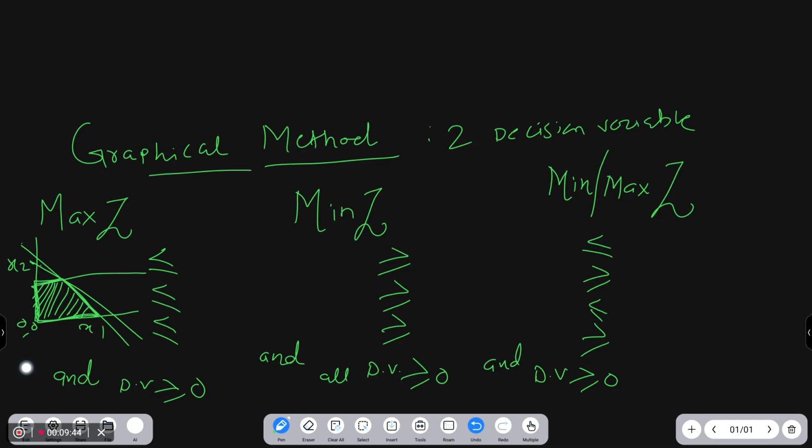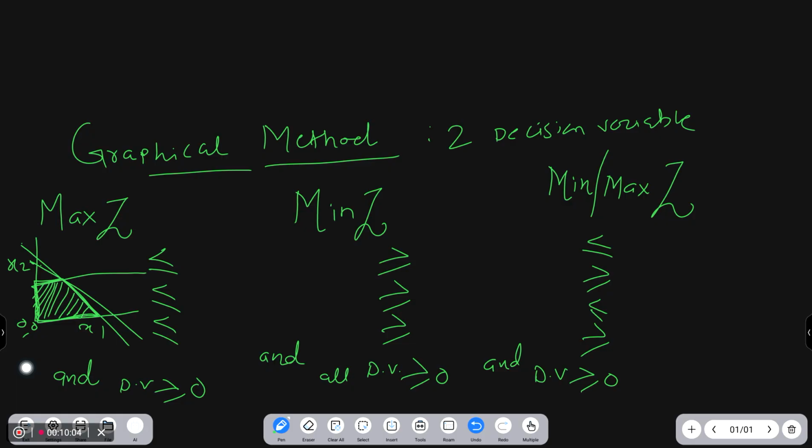Clear? This is my first possibility, the first type of nature. You will get an optimal solution this way if my given problem is like this. Okay?